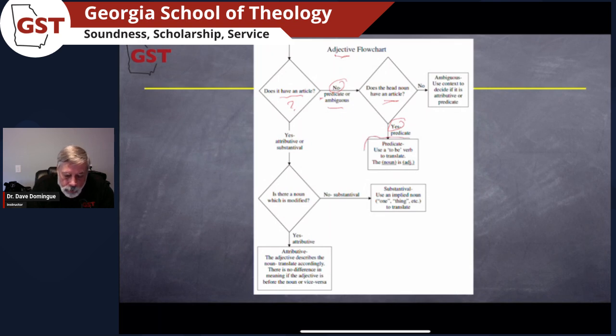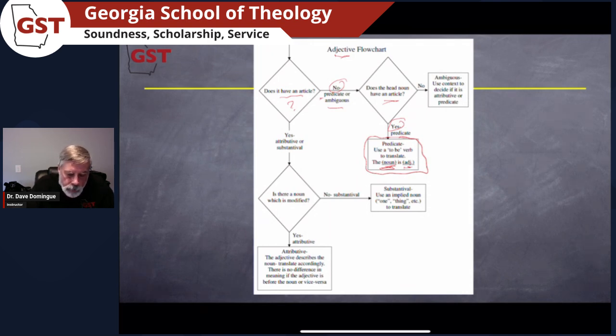And so the predicate will have either the to-be verb in the eimi form or another eimi-type verb that will be present or implied. Then the translation will be that the noun is whatever the adjective says. God is good. God is true.